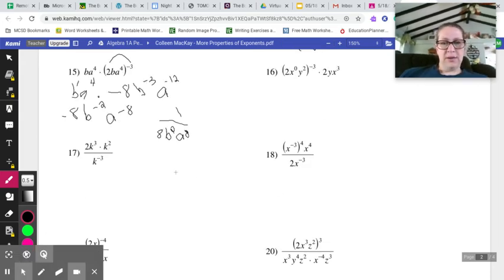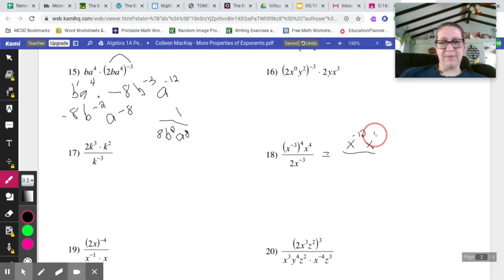Let's try 18. Okay, first thing I'm going to do is multiply on the top. I have x to the negative 12th because I multiplied these two. And then x to the fourth. And that's all over 2x to the negative 3. Okay.